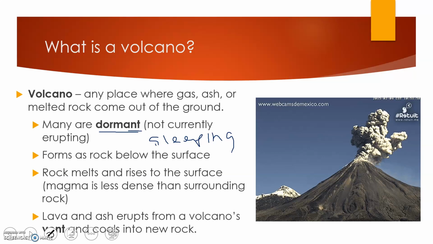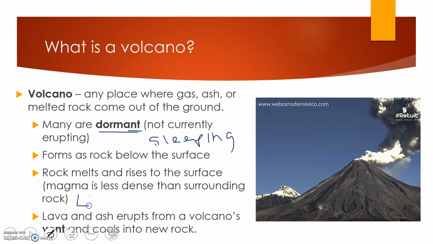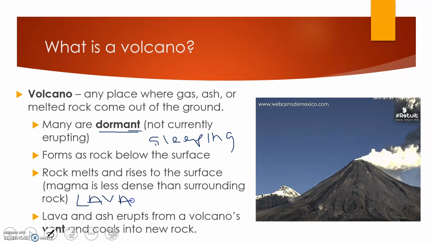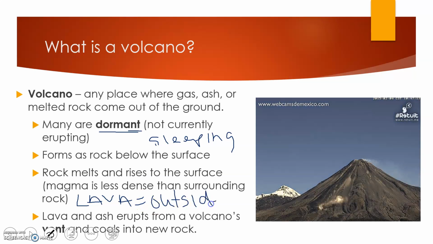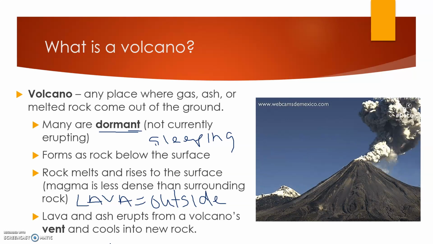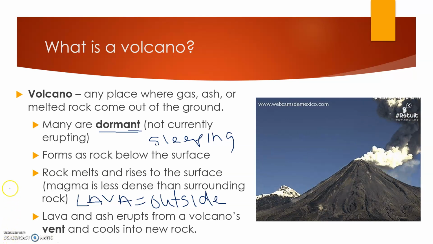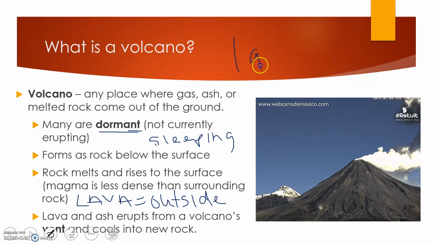Once it erupts, it becomes lava. So lava equals outside. It has to be on the surface to be lava. So lava and ash erupt from the volcano's vent, which is the top part, and then it will cool and harden into new rock, specifically igneous rock.